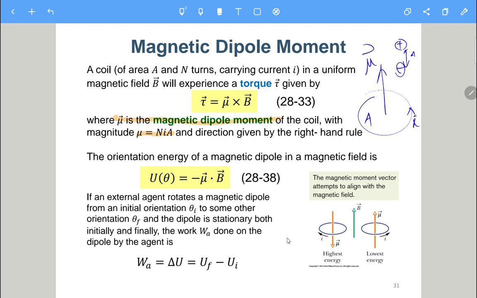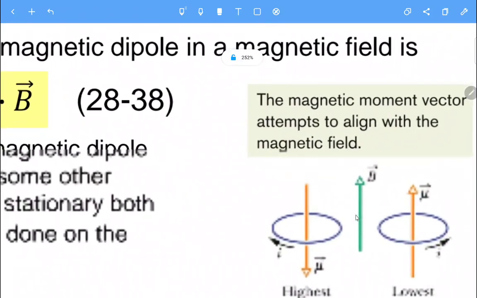Okay, so here, according to this equation, you can see if we have the B field pointing upward, and your dipole moment also, maybe I can zoom in a bit.